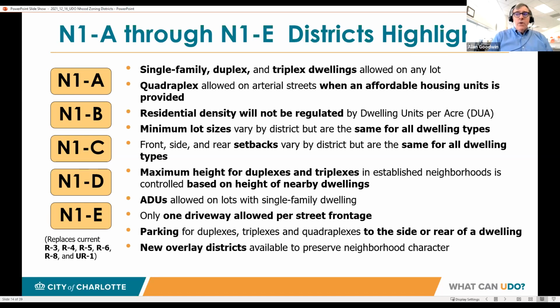We will only allow one driveway per street frontage per lot, regardless of whether it's a single family house, a duplex, or a triplex. And for duplexes, triplexes, and quadruplexes, parking will be to the side or to the rear of the dwelling and not in the front yard. And finally, as I mentioned earlier, we have new overlay districts that are available that we'll cover in a few minutes.